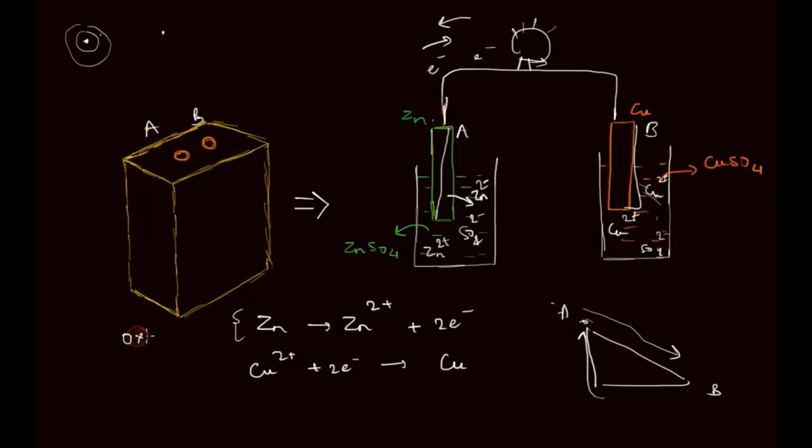And at the copper rod, it gains electrons, so the reaction which happens is called reduction. So in this battery, an oxidation-reduction reaction happens. So this battery is called a chemical battery, and in it, this oxidation and reduction reaction happens. So that's how typically a battery works.